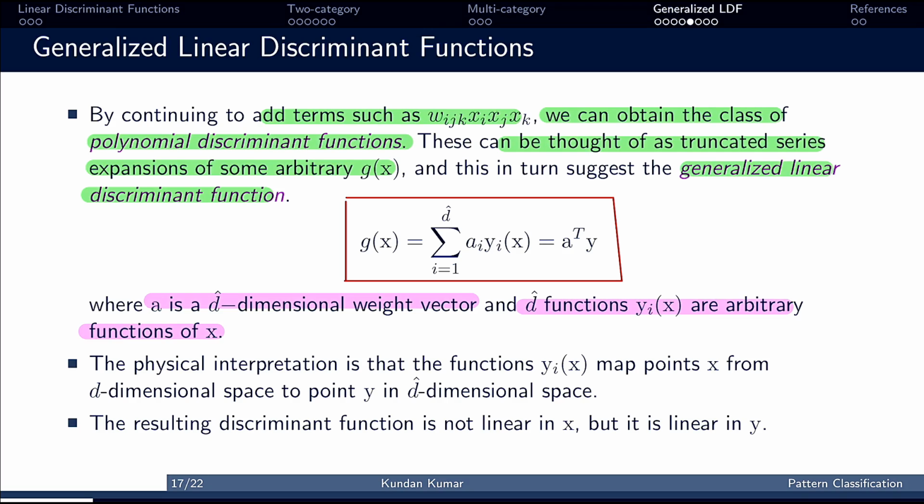The physical interpretation is that the function y_i(x) maps the feature point x from the d-dimensional space to the d-hat dimensional space, which will be a higher dimensional space.